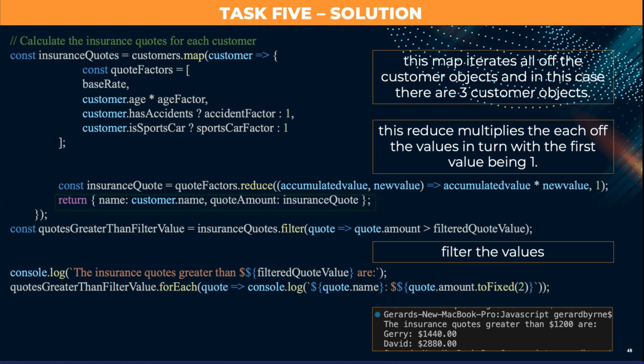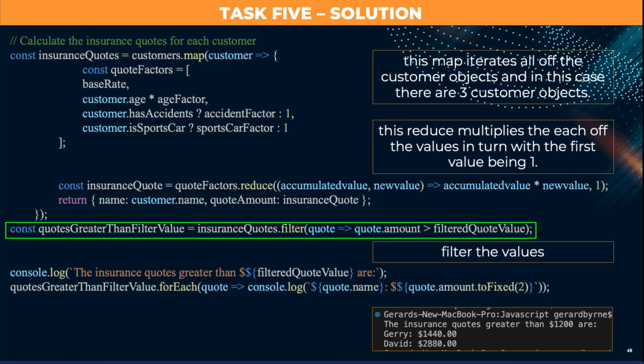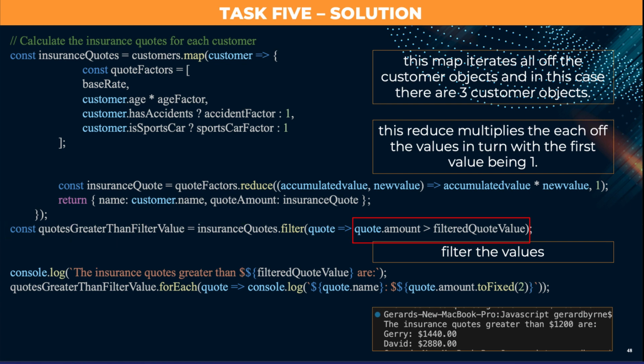It reduces those values by multiplying them all, and it returns the name and the quote amount exactly like the last one. But now outside of the mapping we have this insurance quotes array, and we go, I want to filter that, and I want to filter where quote amount is greater than the filtered quote value. So take the quote, look at the quote amount and see if it's greater than the filtered quote value of 1200, and that will now give me a quotes greater than filter in my answer.